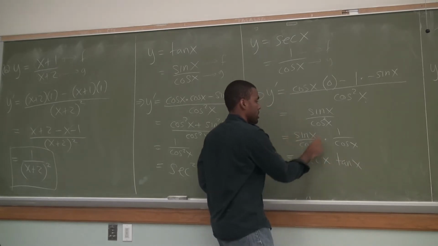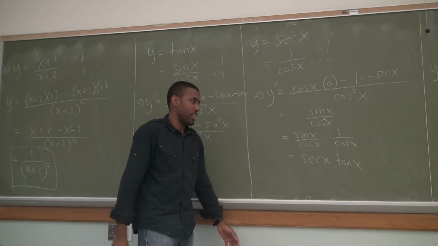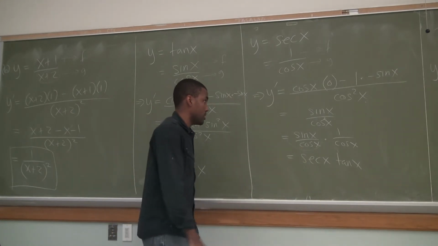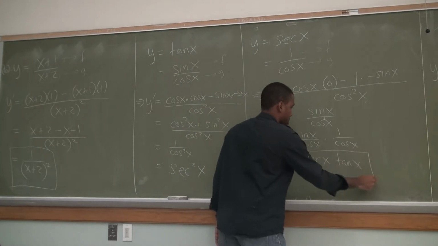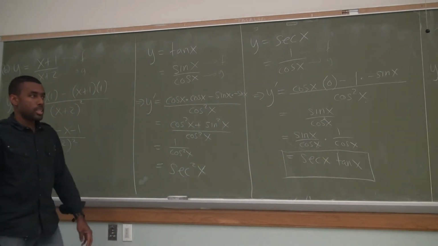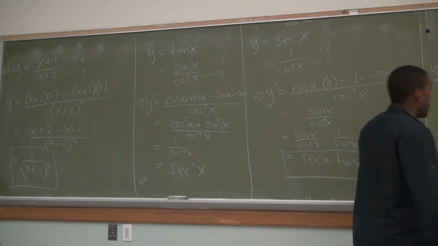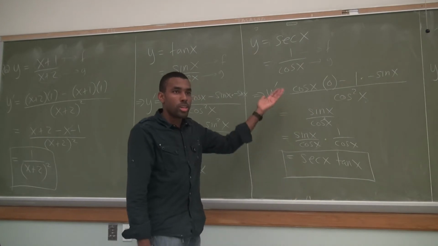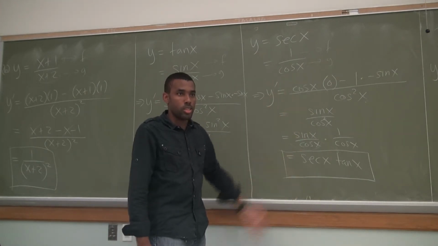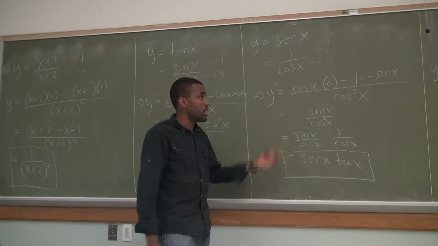I wrote it that way because in the textbook they always write it that way, secant x tangent x. The derivative of secant is secant x times tangent x, and we derive that using the quotient rule. Of course, you can find the derivatives of all the trig functions this way, because you can write all of them as fractions in terms of sine and cosine, and then use the quotient rule.